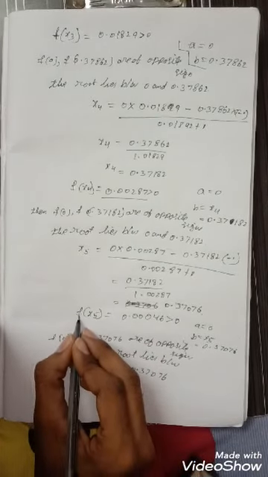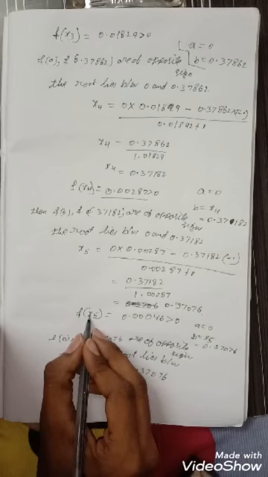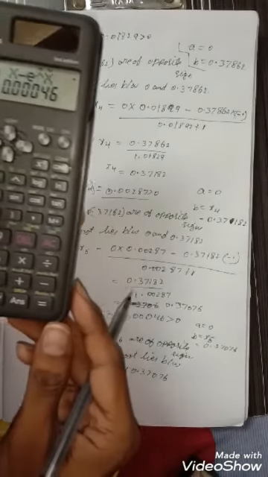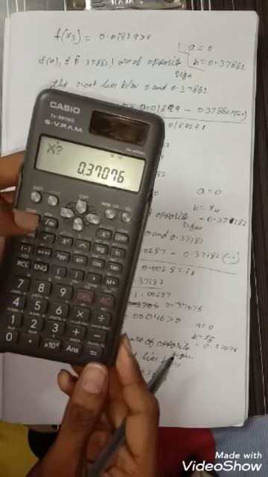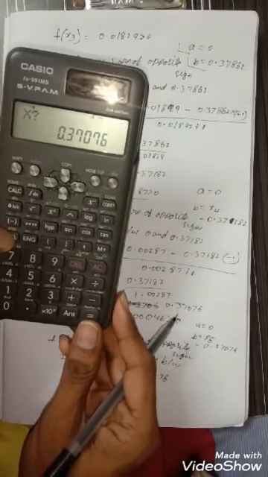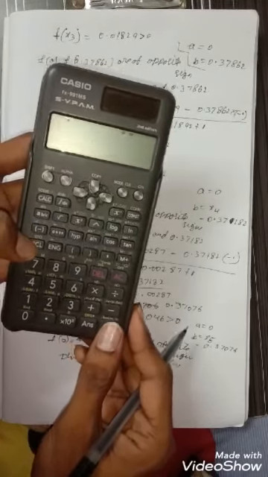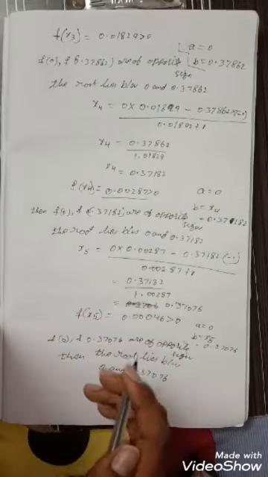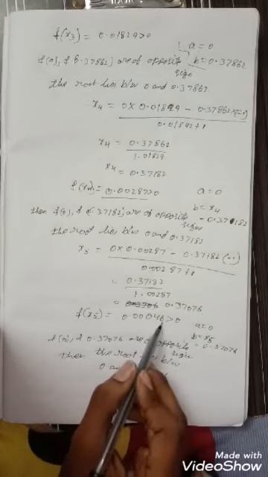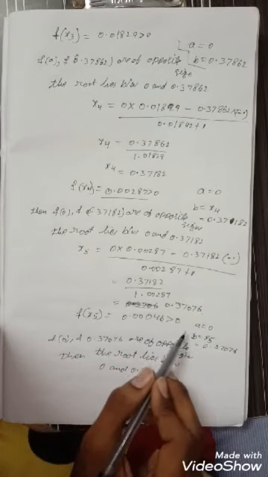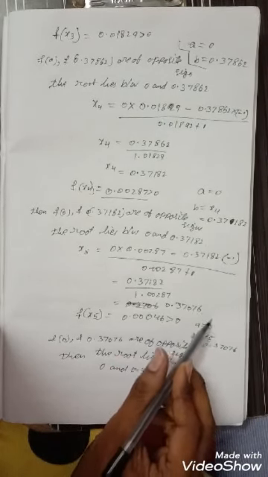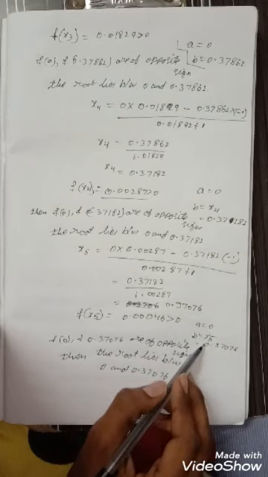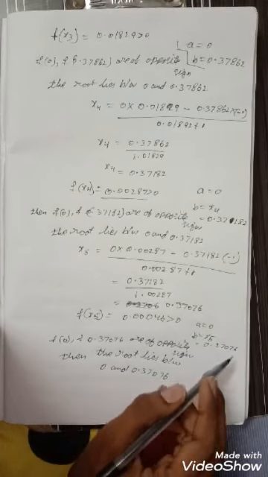And f of x5 is 0.00046, as we find using the calculator. As it is greater than 0, the value of a is unchanged as 0, and b is changed to x5 as 0.37076.